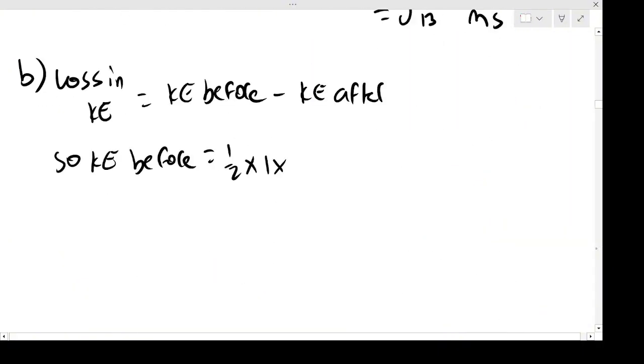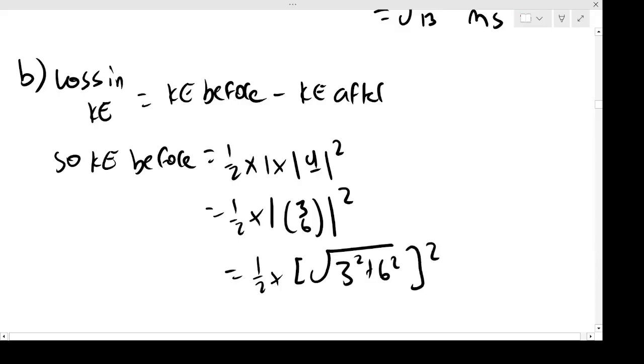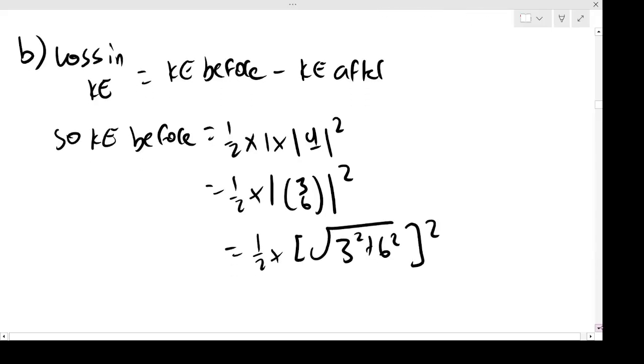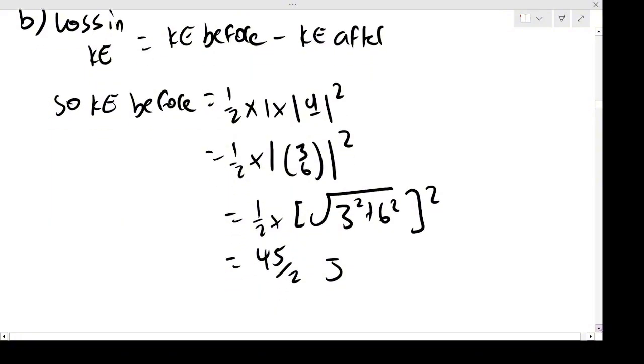So it's going to be half times the magnitude of u squared, which is half times root of 3 squared plus 6 squared, and then rooted, and then we square again. If we work all that out, we get 45 over 2. And that's my kinetic energy before.